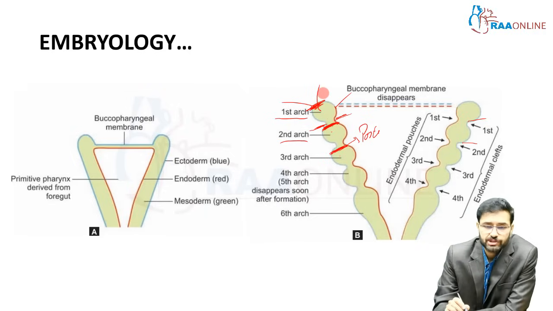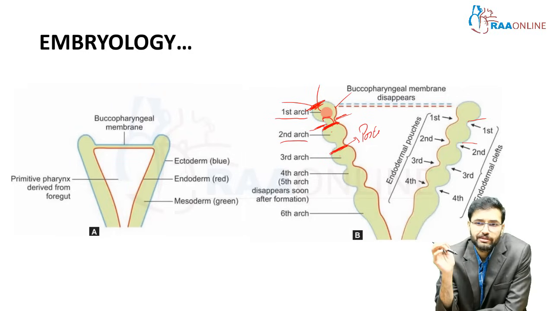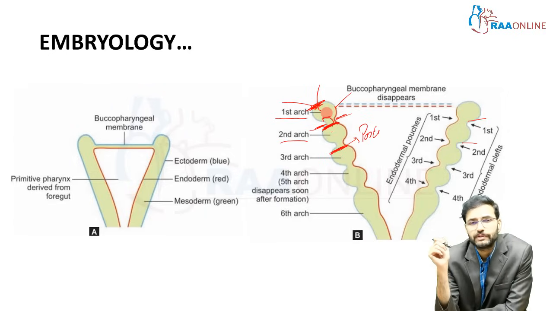Only the first arch receives a small branch from the nerve of the second arch, which is called a pre-trematic nerve. And this pre-trematic nerve is the chorda tympani, which is responsible for special sensation of the anterior two-thirds of the tongue. So, this is an important point to be remembered.